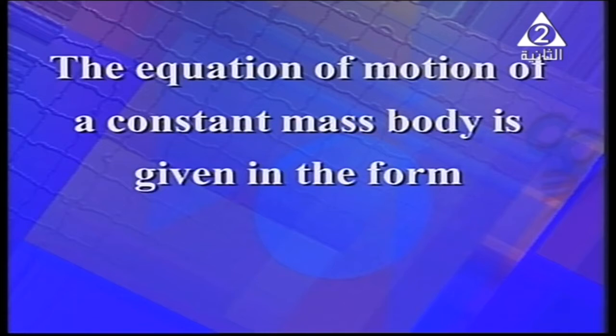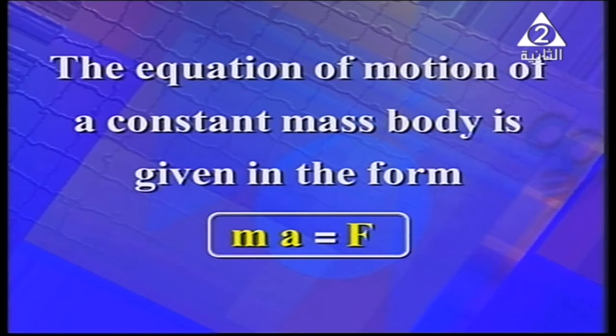Look, dear students, the equation of motion of a constant mass body is given in the form ma equals F. In the other case, we use differentiation to find the value of the acceleration or the value of the force which acts on the body. Remember, we have two equations of motion of the body.